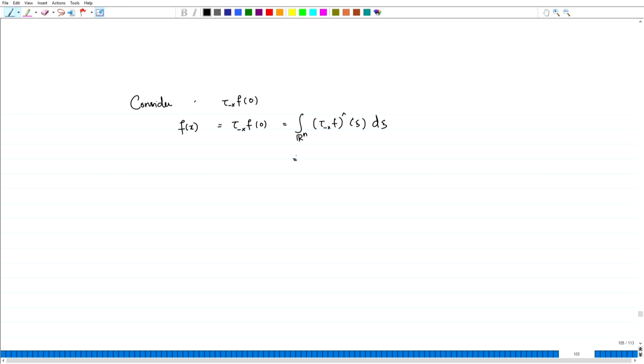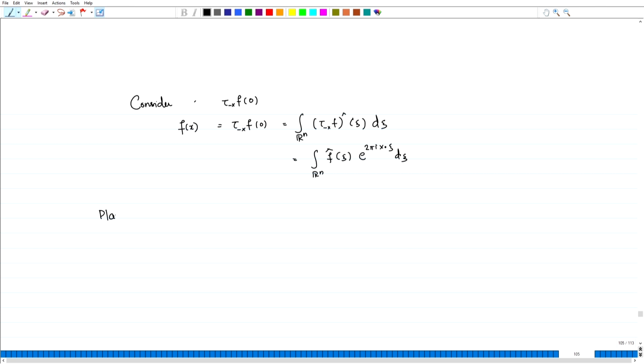And then what we have seen is that if I am translating and then taking the Fourier transform, it is going to be multiplied by a character. So, this is the integral over Rn of f hat of xi e to the power 2 pi i x dot xi d xi, because here I am taking the translation with minus x. That is what gives us the inversion formula.